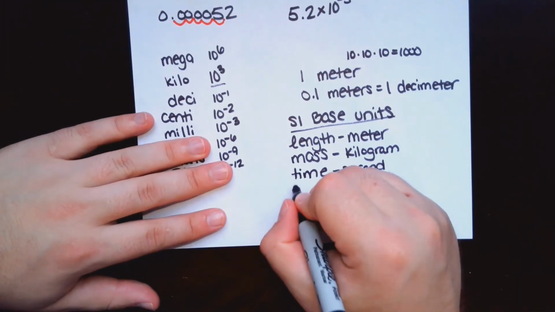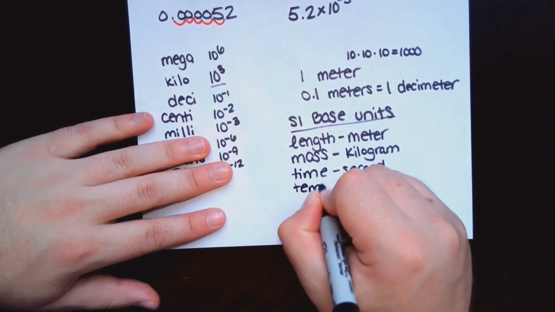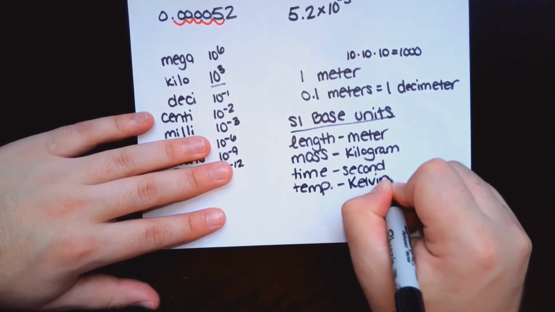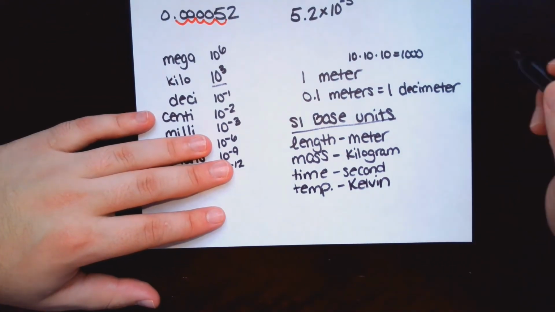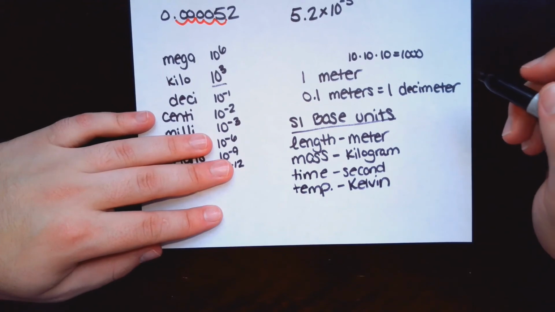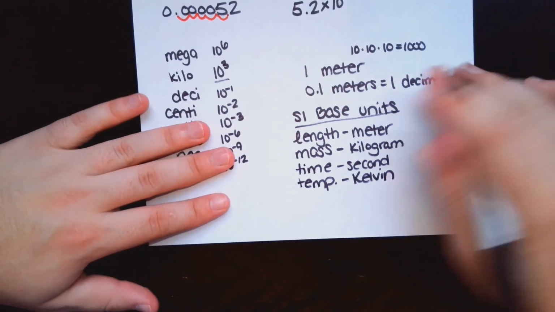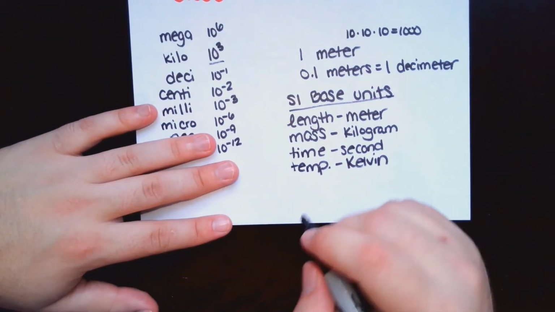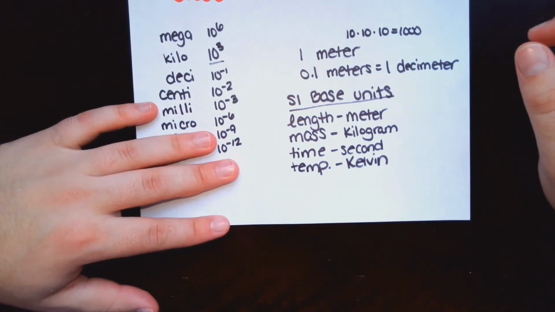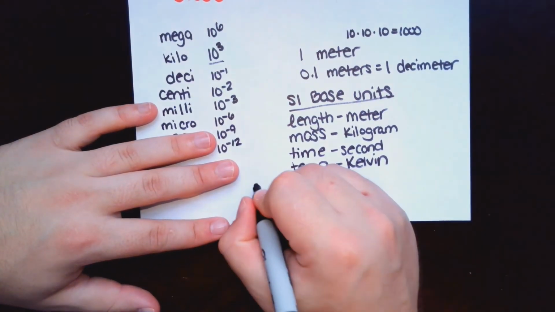For temperature is something called Kelvin. Now you may not have heard of Kelvin yet, but you will get very used to it as the semester grows. It's used in science a lot, and we'll be using it a lot this semester. And actually, this last one is another thing you might not know of now, but you'll become very, very intimately familiar with throughout the semester.